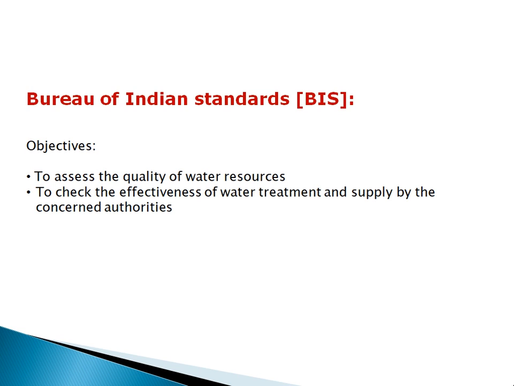Various parameters like color, odor, pH, dissolved solids and hardness were checked, and also elemental compounds such as iron, manganese, nitrates, chlorides, fluorides, arsenic, copper, cyanide and bacteria were analyzed by the Bureau of Indian Standards.